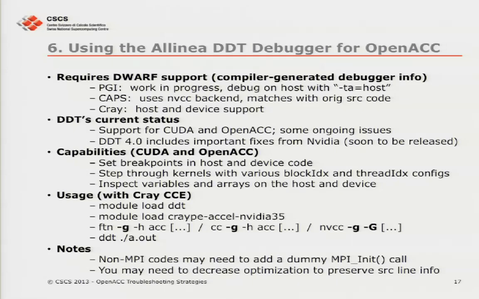And one of the workarounds we've caught on to is that if you have a scalar code that has no MPI in it, you may need to add a dummy MPI init call within your scalar code. This is because of how the DDT runtime works along with the aprun scripts.